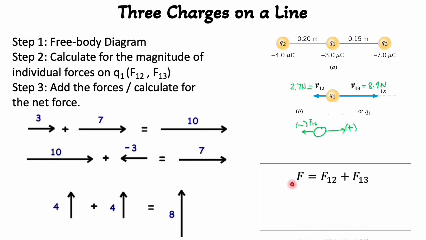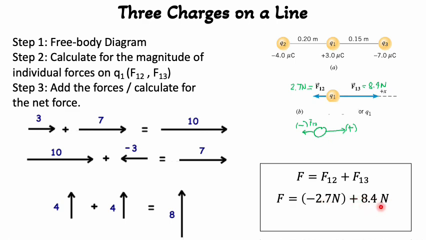So, we can use this formula. The net force that the charge 1 is experiencing is equal to the sum of the individual forces of the charges. Okay, so F12 is negative 2.7 Newton. So negative means that the direction is to the left.